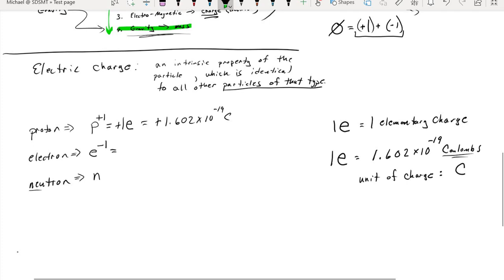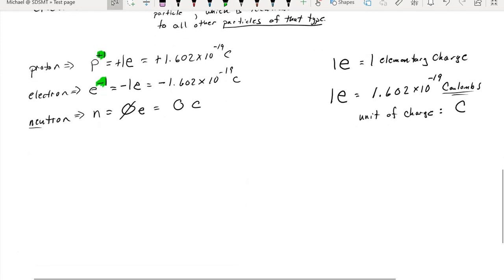We know that because the number that we have up in the right hand corner is going to describe the integer value of electric charges associated with that particle. So our electron has a negative 1 elementary charge, negative 1.602 times 10 to the minus 19 coulombs. The neutron has 0 elementary charges, or 0 coulombs.